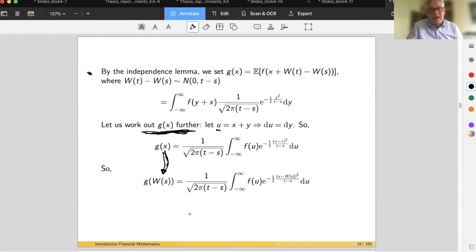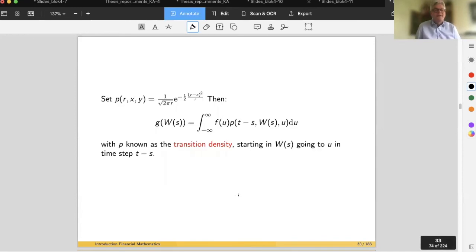So we're almost there. What we see here is an expectation of f(u). Let's look at the next page.